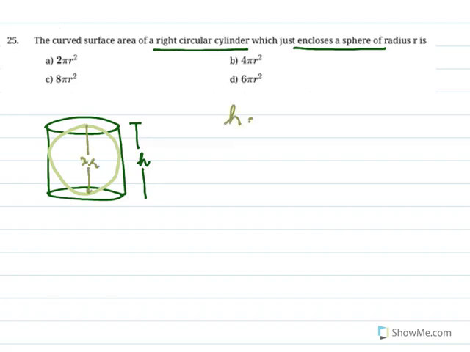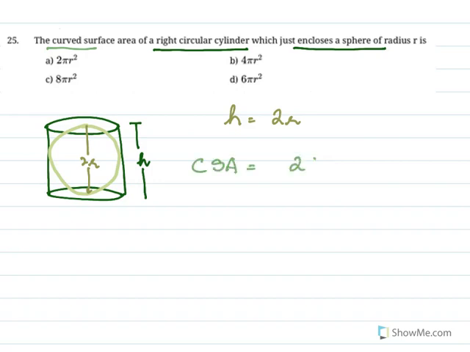So here we have h equal to 2r. The height of the cylinder is equal to the diameter of the sphere. Now we need to find the surface area of the circular cylinder. The total surface area will be 2 pi r. Oh, we have to find the curved surface area. So this is wrong. We need to find CSA.